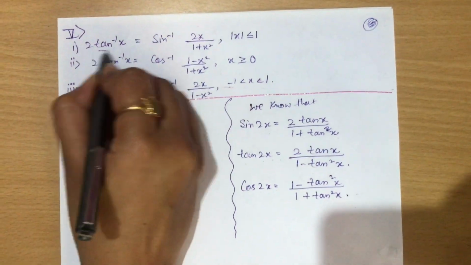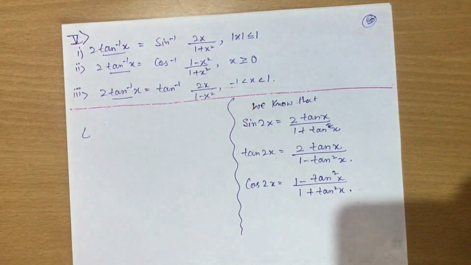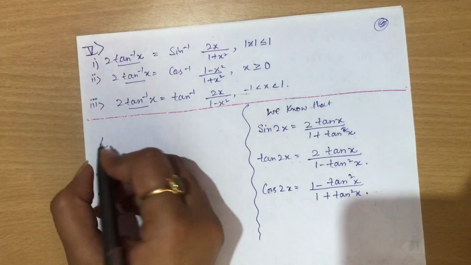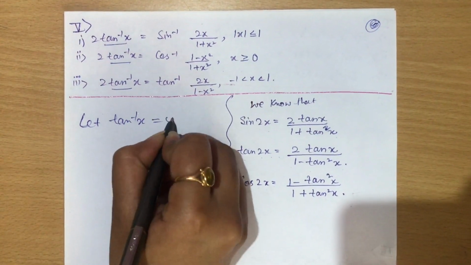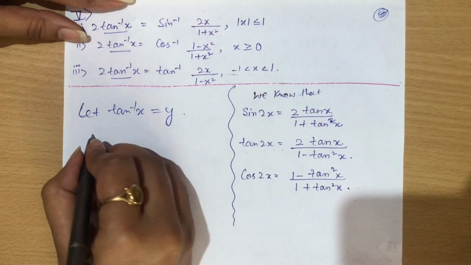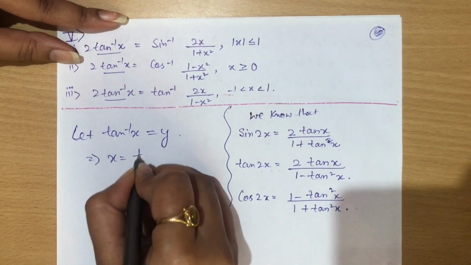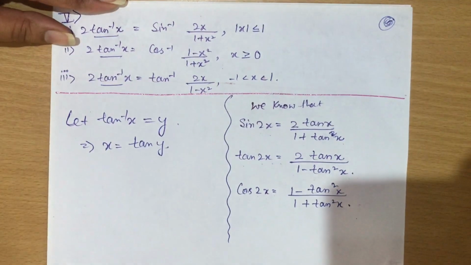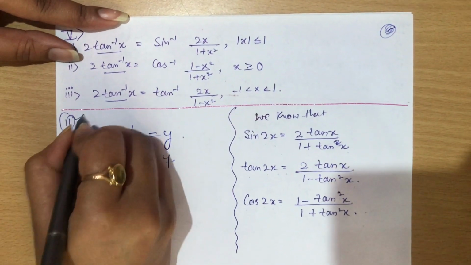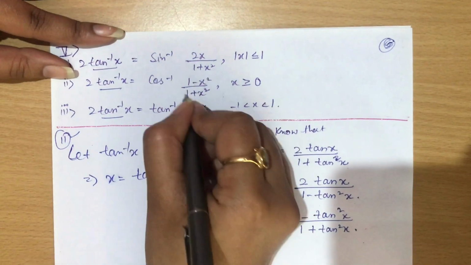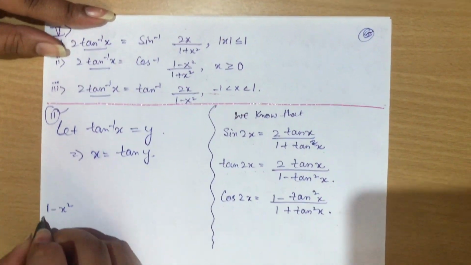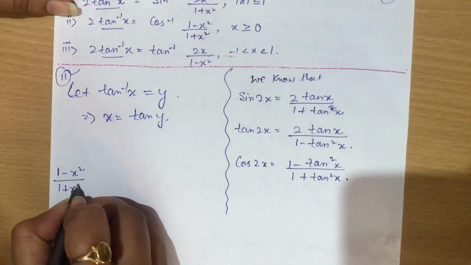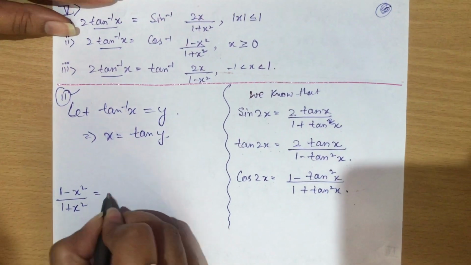So in this property there is one common thing, that is tan inverse of x, okay? So let tan inverse of x is equal to y, okay? So what is your x? Your x becomes tan of y, okay? I prove property number second. So from the right hand side, take this value. This is 1 minus x square upon 1 plus x square, right? So what is your x?